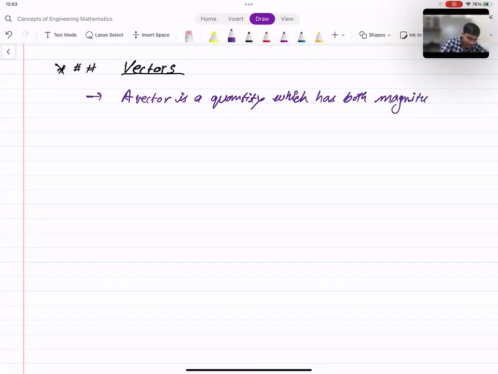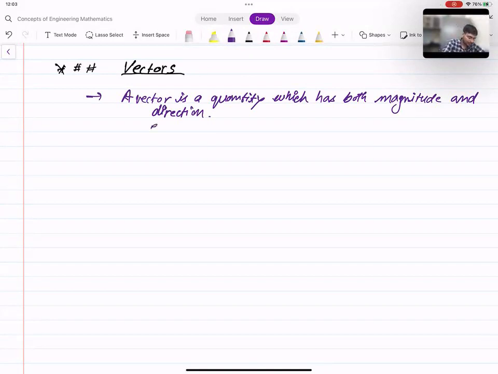There are various examples of vectors, like quantities which have direction, say velocity, force, electric field, magnetic field, etc. These are the quantities which have some magnitude as well as certain directions. Okay, so they are vectors.